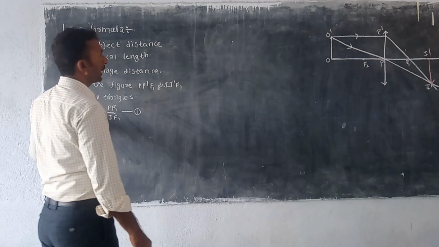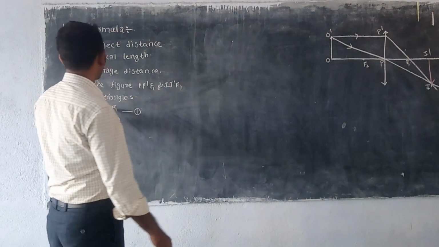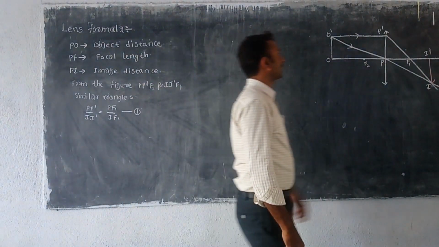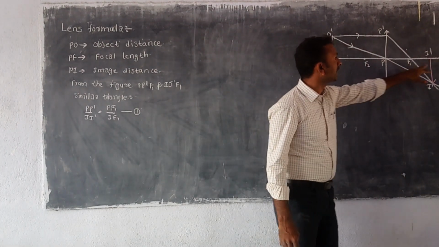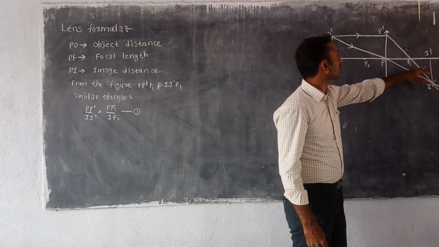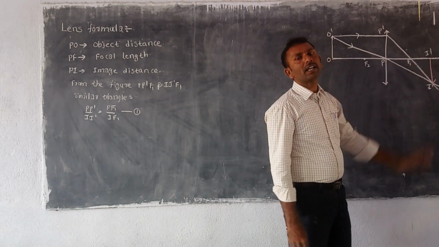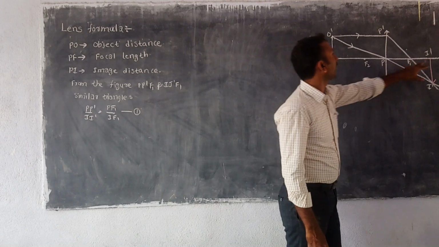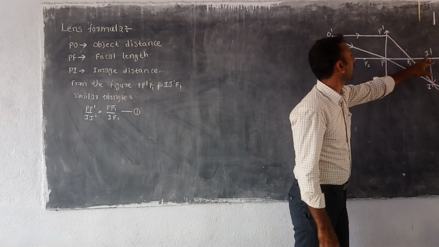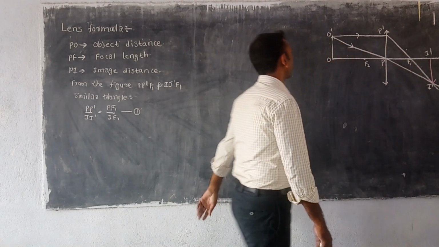And here P dash, and we can write the F1 value. Actually, we did not mention the F1 value here, so that's why we need to get the F1 value. From this line, principal axis, F1 equals Pi minus Pf1.